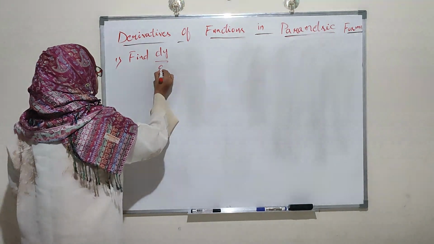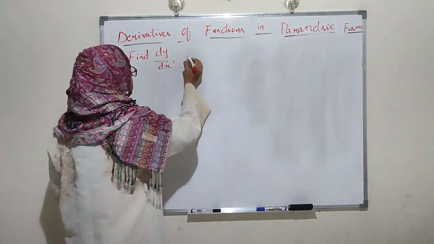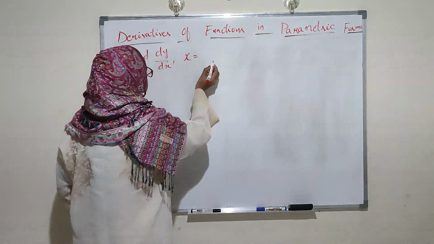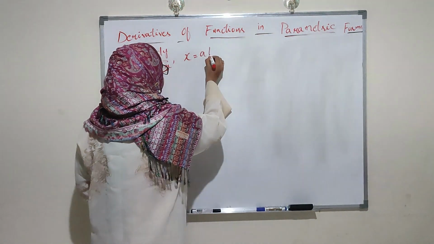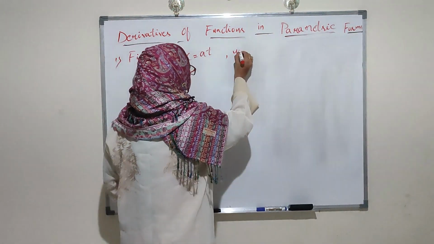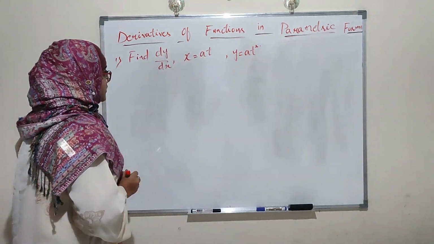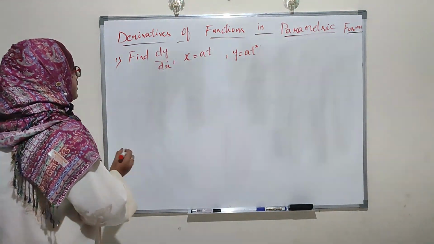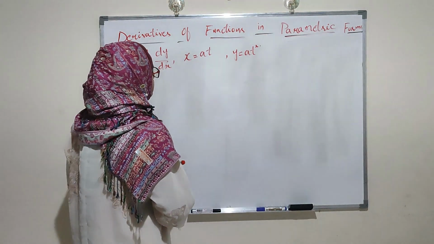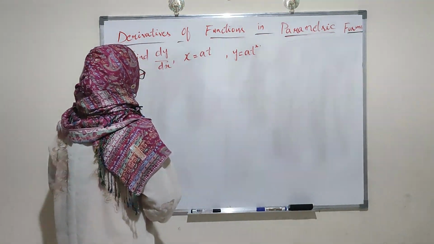Find dy by dx. Okay, what is given? x is equal to a t and y is equal to a t square.